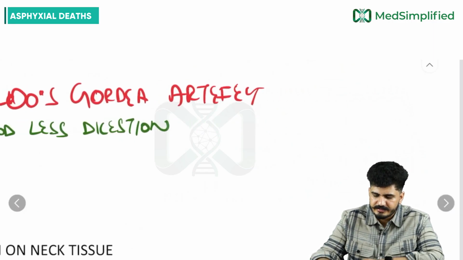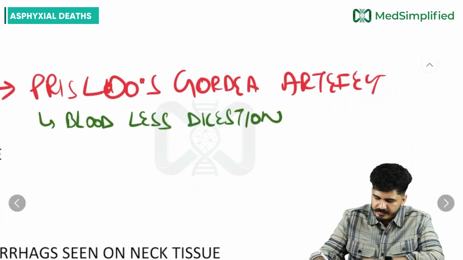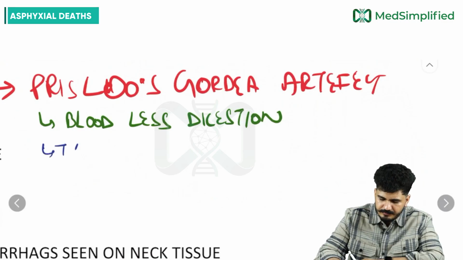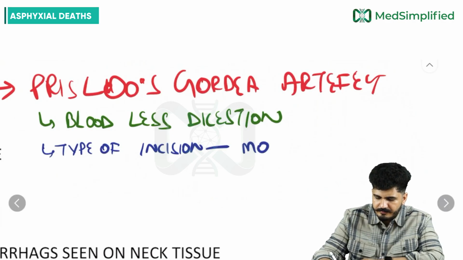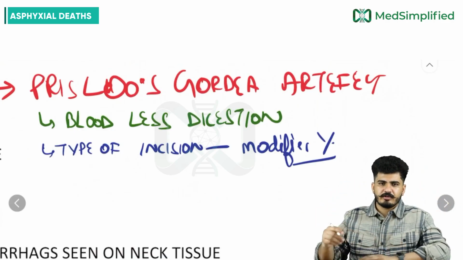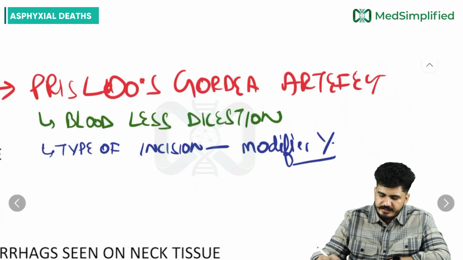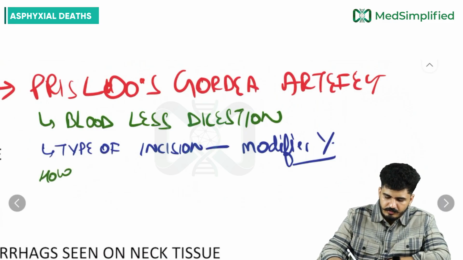How to do bloodless dissection, my dear friends? First of all, the type of incision. It is a modified incision, coming from the mastoid area, to the suprasternal notch, and then going to the pubic symphysis. Plus, there is an order in which the organs are dissected to attain bloodless dissection. How to remember?